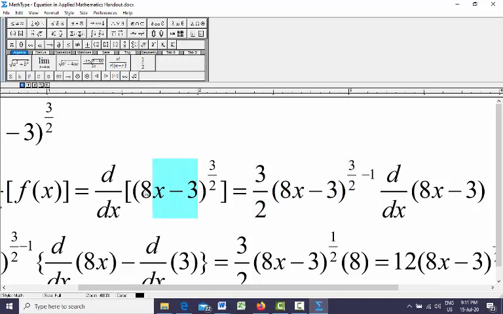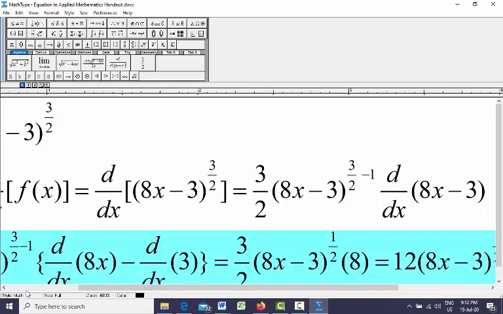Then we need to do differentiation of inside materials. Inside we have 8x minus 3. If you do differentiation of 8x minus 3, then you should get 8.